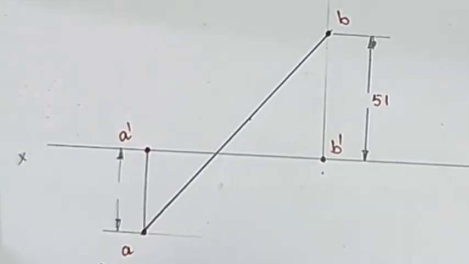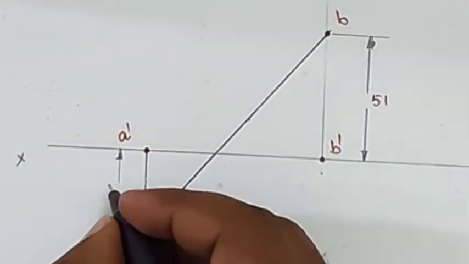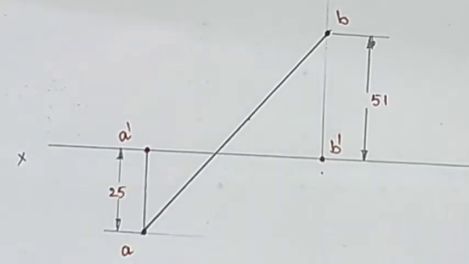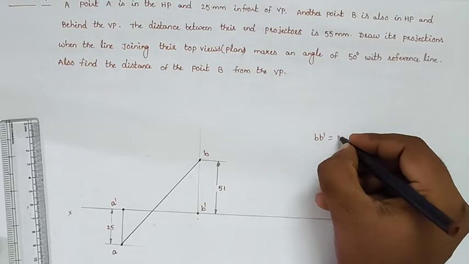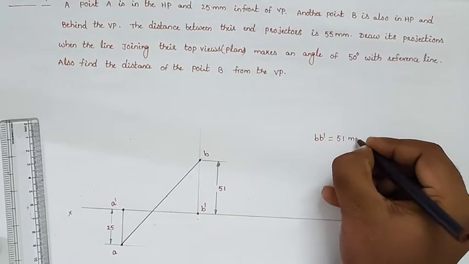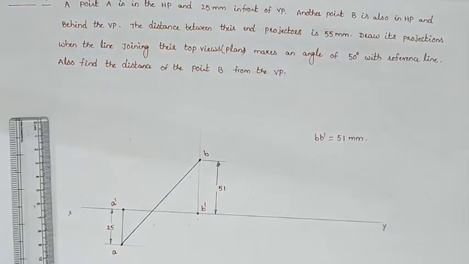So this distance is given in our problem as 25 mm. What they are asking, you can represent it in brackets. So B dash is 51 mm. You can represent it like that, and you can draw the diagram like that.